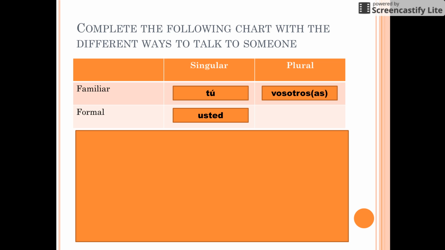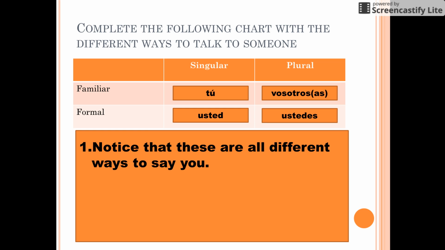So you're talking to a group of people, it's a formal situation, you're addressing a crowd and you want to be polite and you would use this. However, because they do not use vosotros in Central America or South America, they would use this way of being formal or familiar to everyone if they wanted to say you in a plural sense. If you typed in ustedes, excelente.